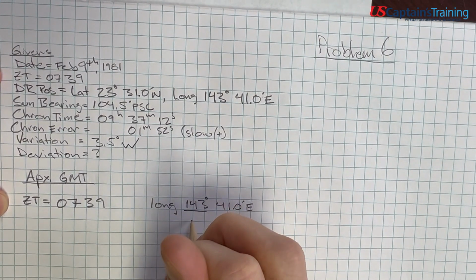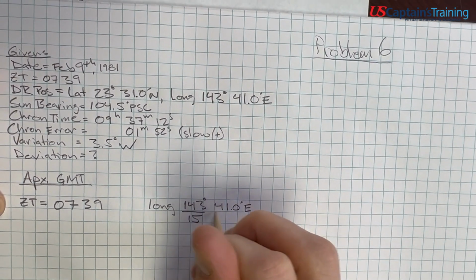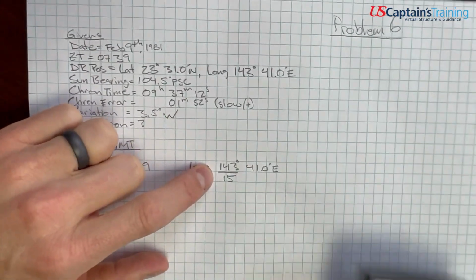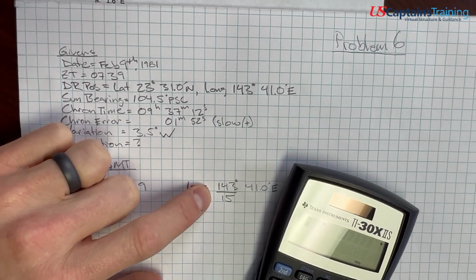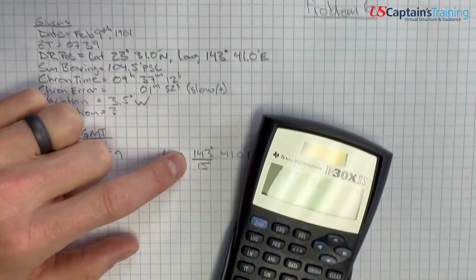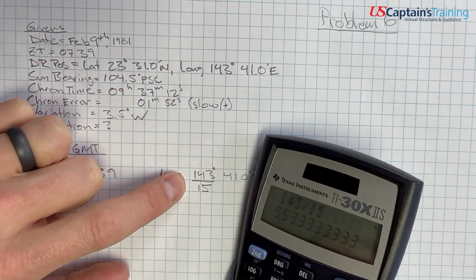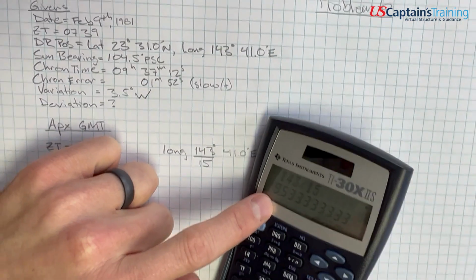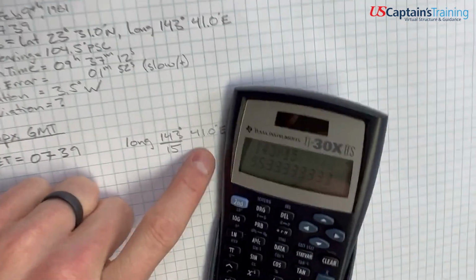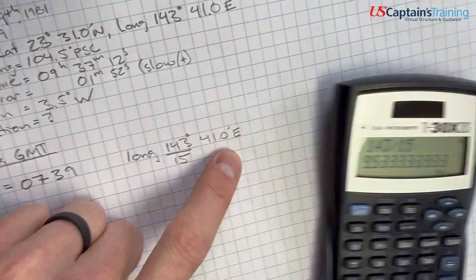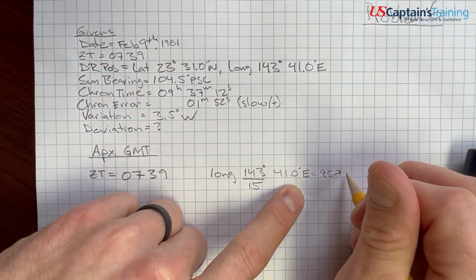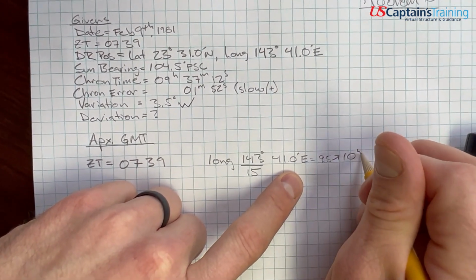We're going to divide the 143 by 15. If we need to account for this 41 minutes, like if it's close, we will, but usually we don't need them at all. So 143 divided by 15 equals 9.5, which means we round up to a whole number, 10 hours.